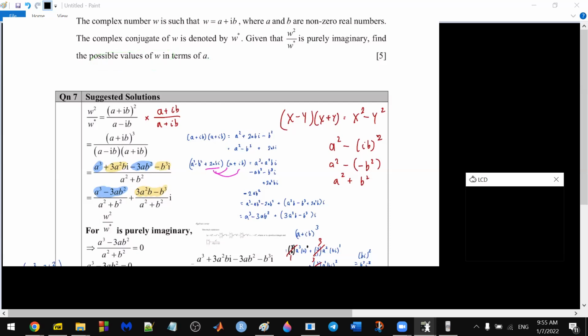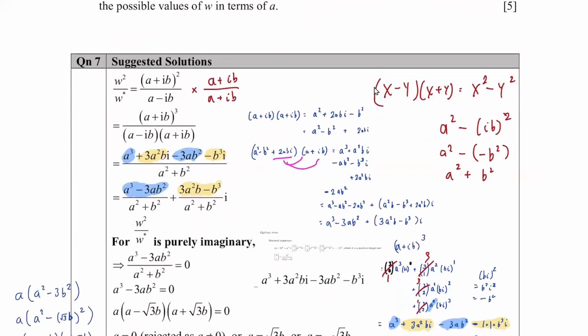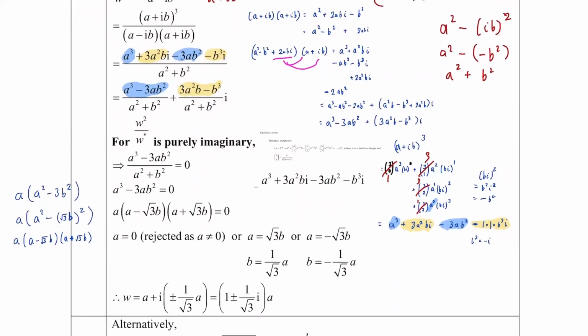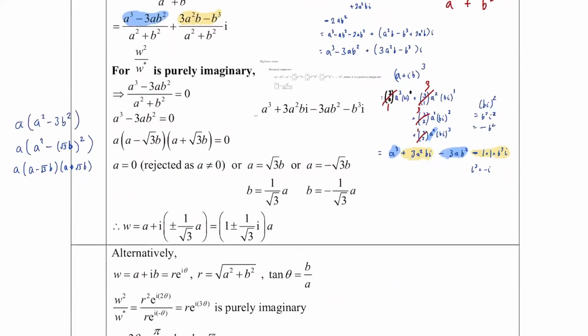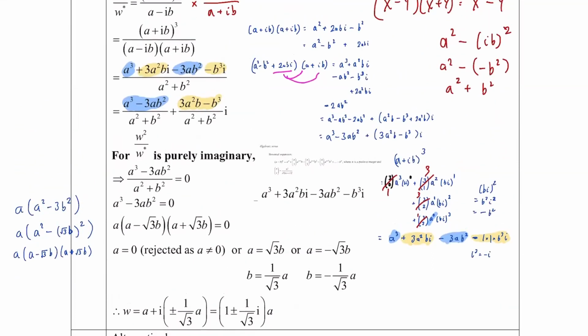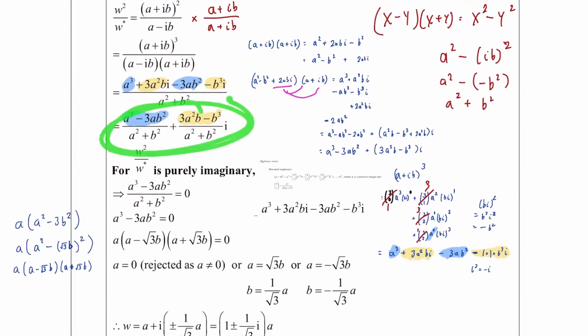We want a's only. Actually, I think it's better if I just change back to my iPad screen. Okay. So now we want to find out this entire expression, which is w square over w star, in terms of a.